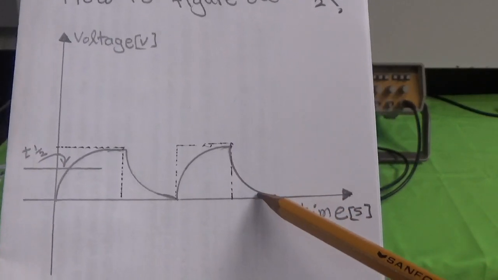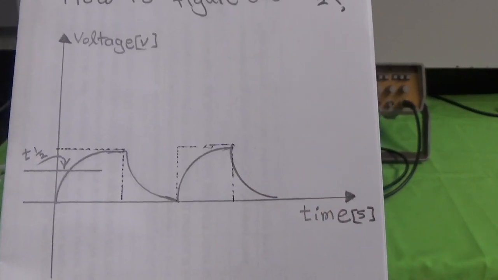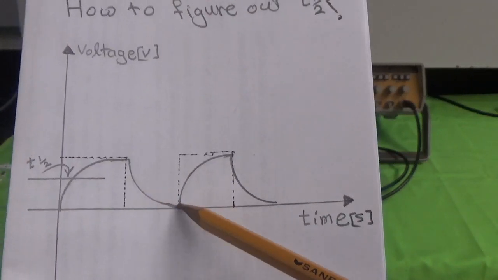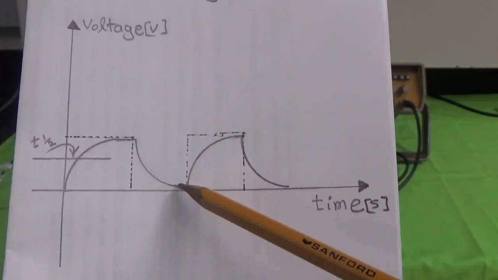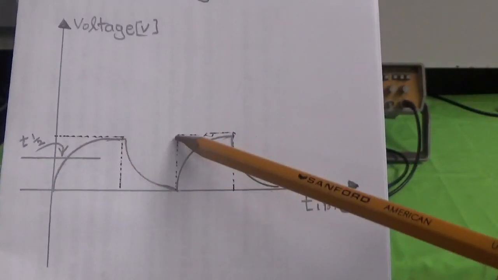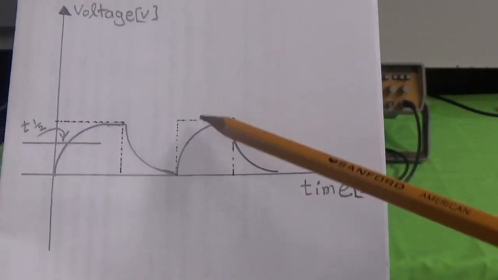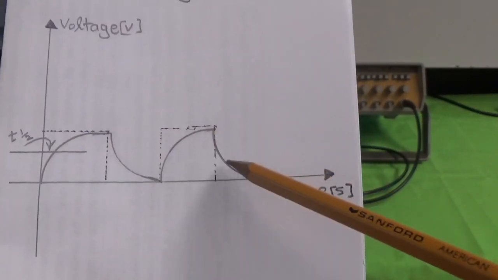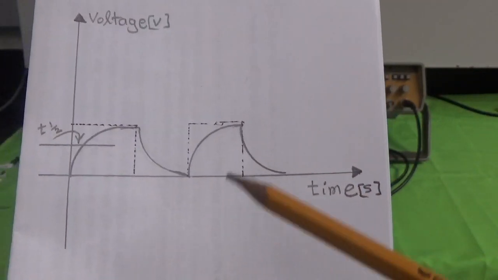This is the output voltage across the capacitor. What about this dashed wave? This dashed square wave represents the input signal, and this signal right here represents the output signal across the capacitor.